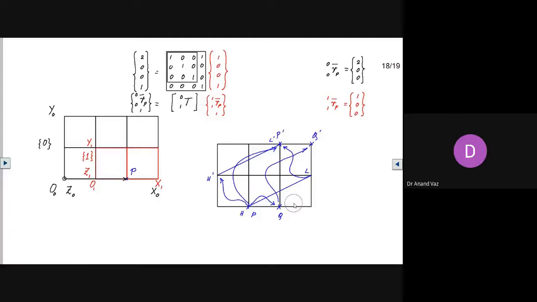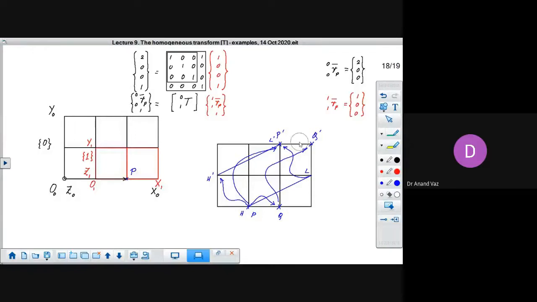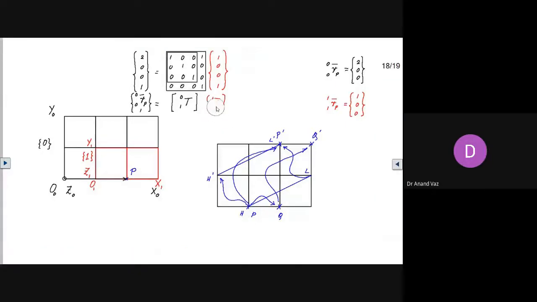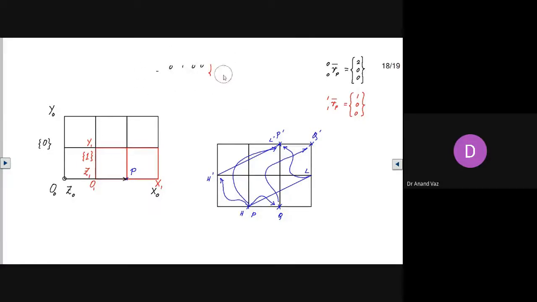So now let us perform a rotation. For the rotation, to start with, we can erase this totally. We'll keep this part as it is.